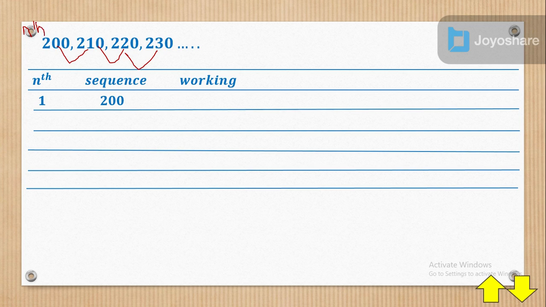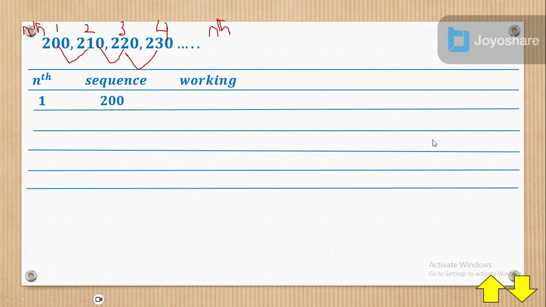This one is the first term, this one is the second term, this one is the third term, this one is the fourth term. Please put that in consideration. Being the nth value, it proceeds, and here it goes up to the nth. Nth means that unknown value. That's what the nth means, that unknown value. Okay, now let's see. So we want nth, sequence, and working. In the sequence, at the first term, we have 200.